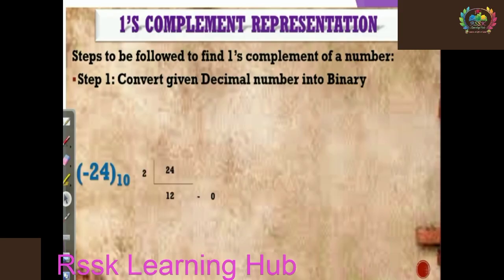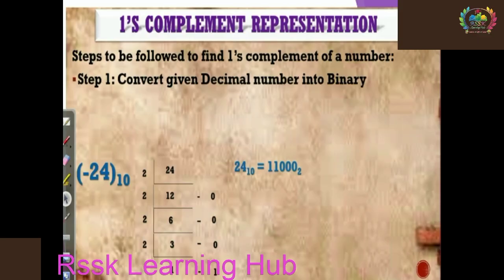If it is less than 8 bits, in the leftmost part you can add zeros, because if you add zeros on the rightmost side, the value will change. For example, you have 10 rupees. How will you write it? 1 0. If you add one more 0 to the right side, 1 0 0 becomes 100. Before it, if you add 0, 0 1 0, nothing will happen, so 10 is the value. So that is your second step.